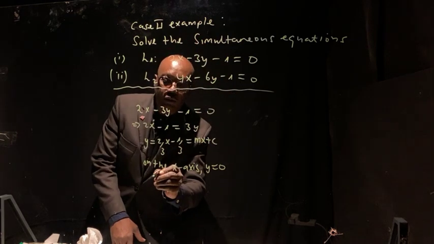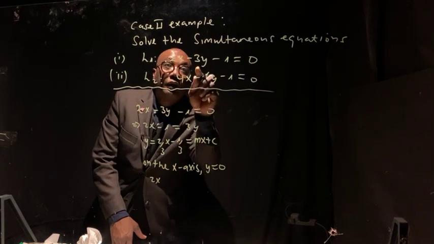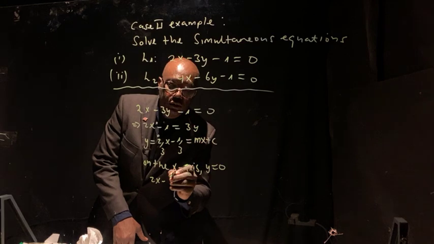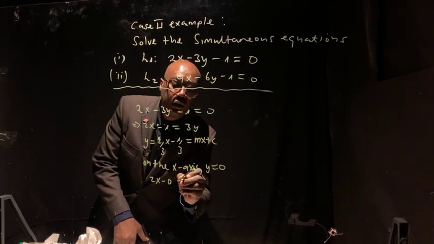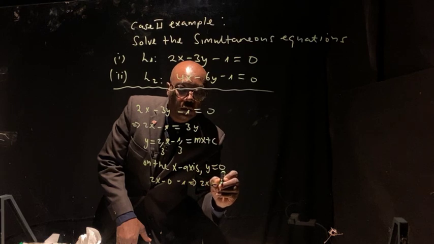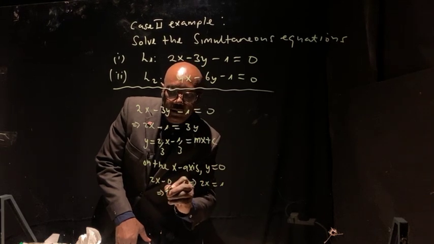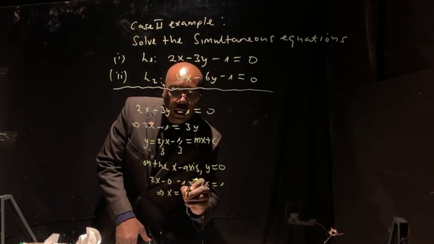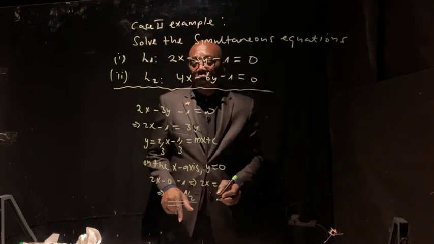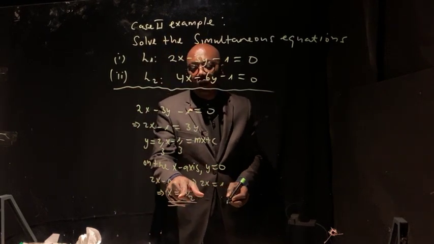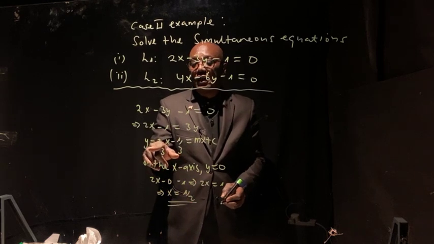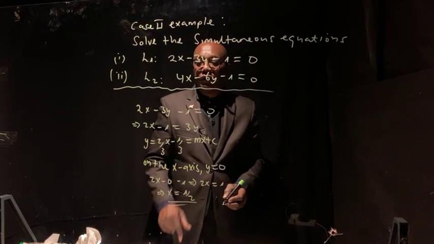In that case, we have 2x, when y is 0, we have 3 times 0, then 0 minus 1, which implies 2x equals 1, which implies x equals half. So this line crosses the x-axis at x equals half, and the y-axis at y equals minus 1/3.